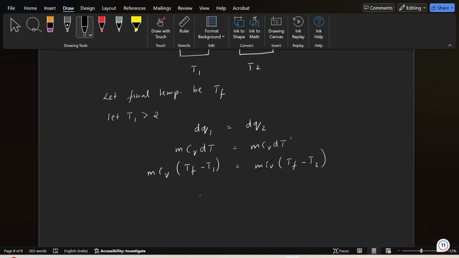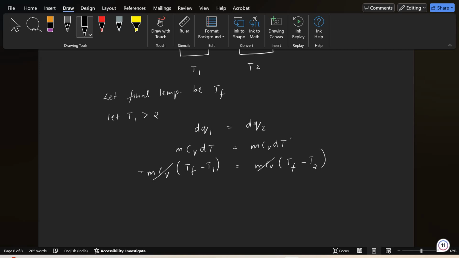These are equal, so they'll cancel. Since this is heat lost, it has to be minus.